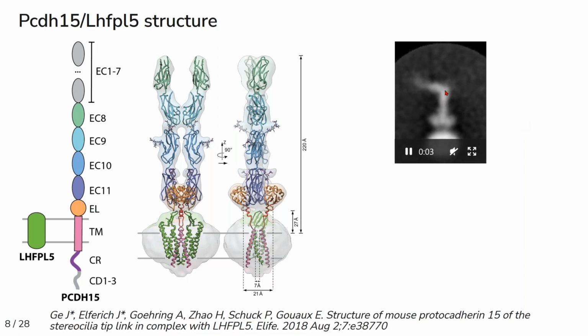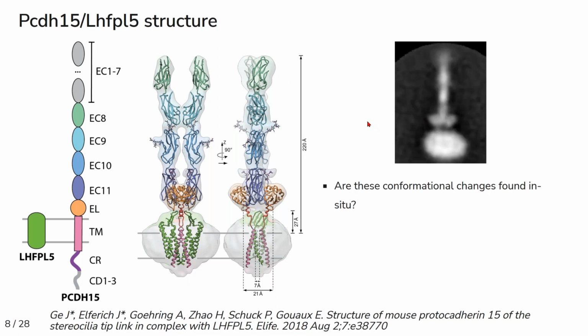And it seems like there is a joint in the protocadherin 15 extracellular domain that is right here between EC9 and EC10, where the whole cadherin chain can almost bend 90 degrees, which was really fascinating to me. But of course, we had no way of knowing whether these conformational changes are actually found in situ at the actual place of mechanotransduction, or if they're just an artifact of single particle analysis.